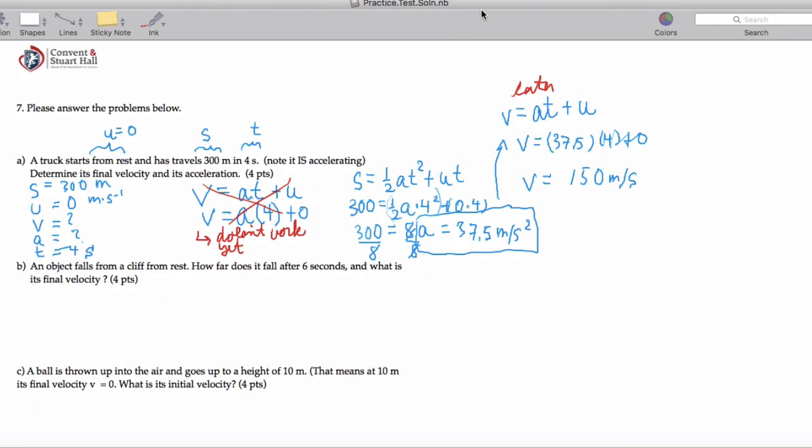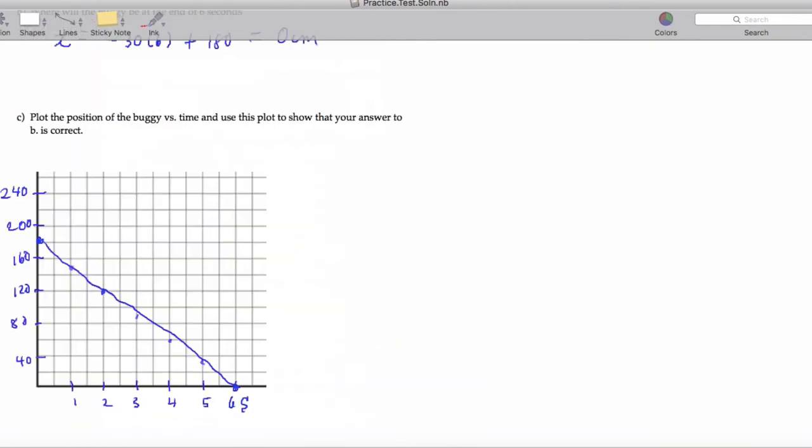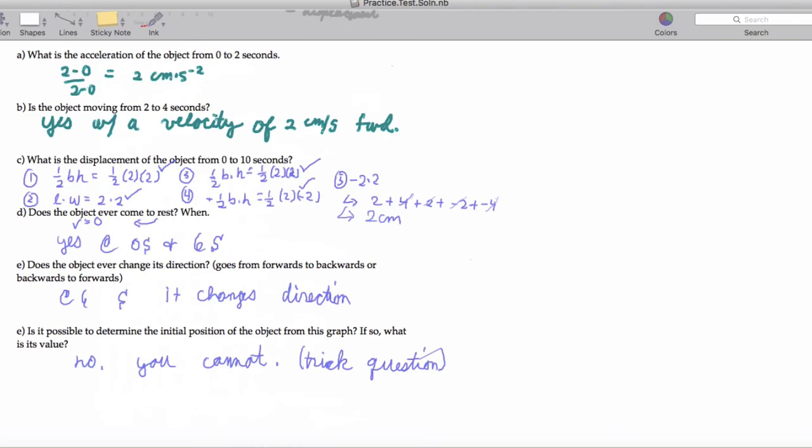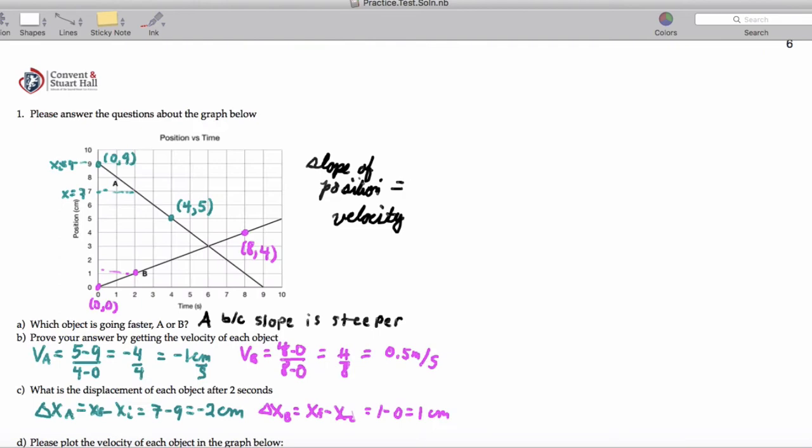Now, an object falls from a cliff at rest. How far does it fall after 6 seconds? And what is its final velocity? One small thing. When things fall, please be careful. Notice the acceleration due to gravity is going to be 10. So let's be really, really careful.